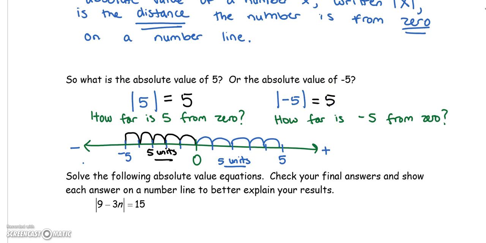Now, consider the following. We are talking about distance, and we know that distance cannot be a negative value. We don't travel -1.2 miles. We only travel positive miles.